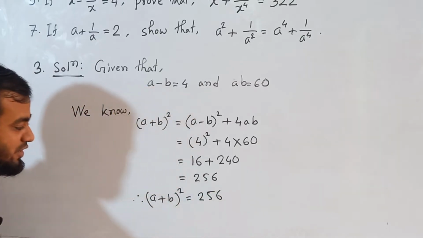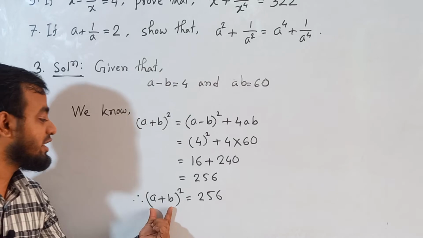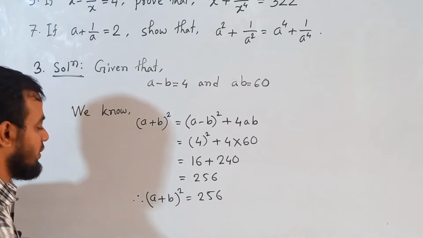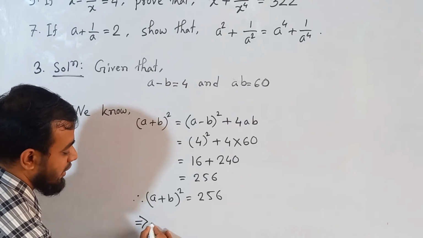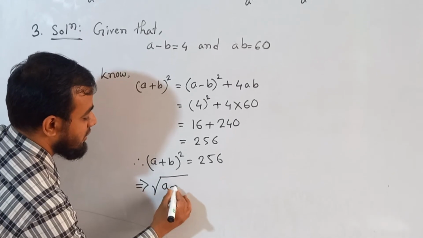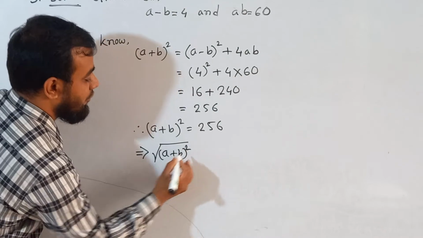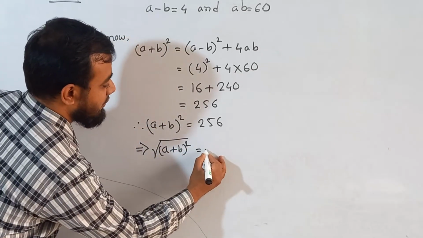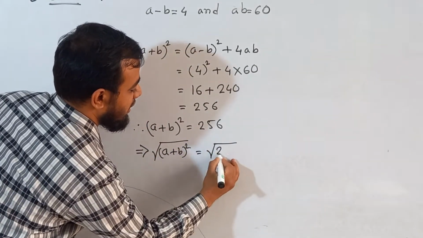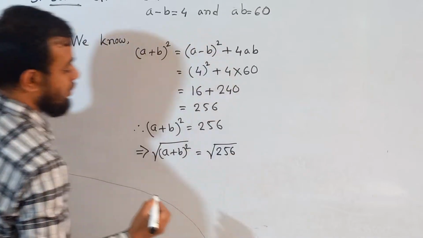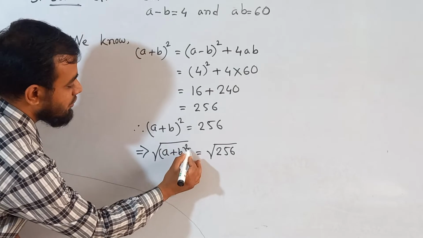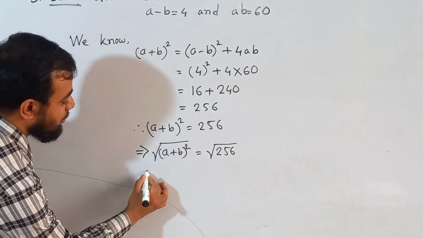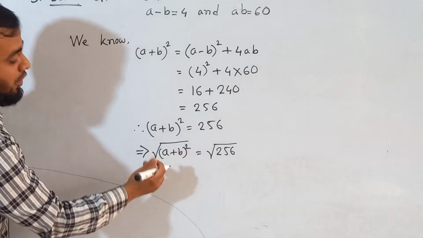But the question says that we need to find the value of a plus b only, not the squared value. Therefore, we need to take the square root on both sides. Then we will find the value of a plus b on the left side, and on the right side we have the square root of 256. On the left side the square root sign and the square sign will vanish.